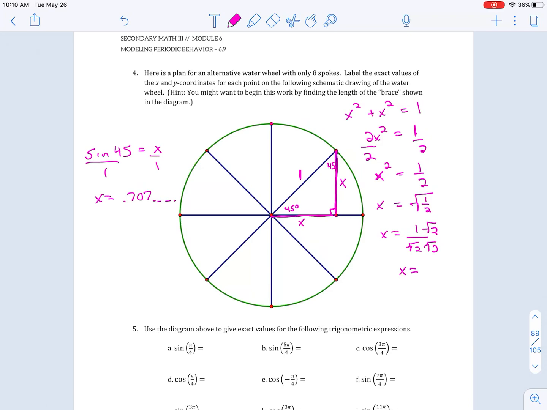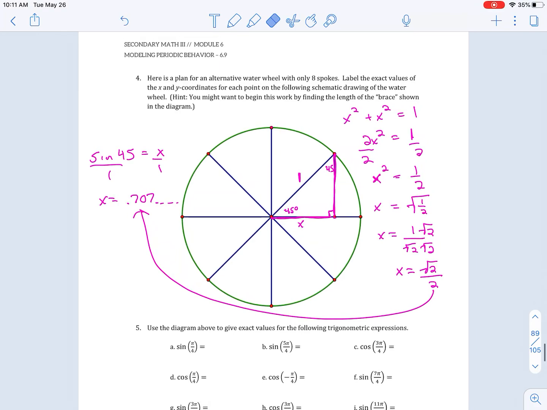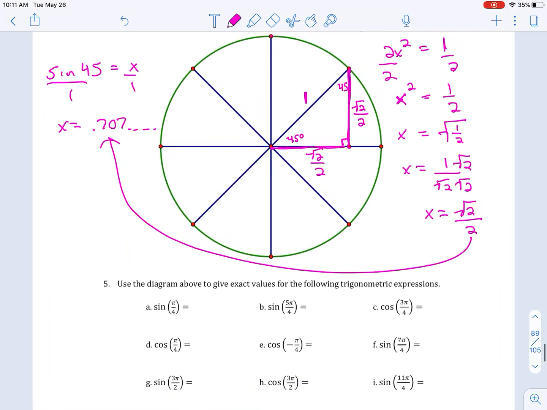And that tells me that x is equal to the square root of 2 over 2. That is this in a more exact form. So now I know that this is the square root of 2 over 2, and this is the square root of 2 over 2. Okay, now I've gotten somewhere, and I just have to do what we did in the last one.